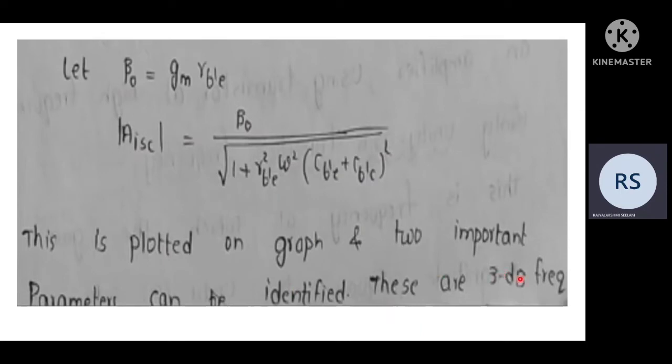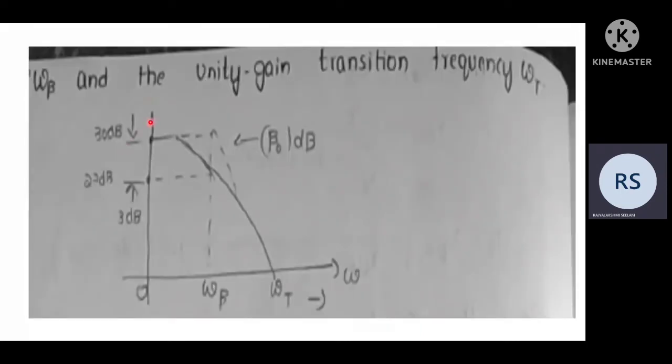So these are the 3 dB frequency. Here this is the graph between omega beta and the unity gain transition frequency omega t. Here is the unity gain transition frequency omega t, here omega beta, and here this is the curve.